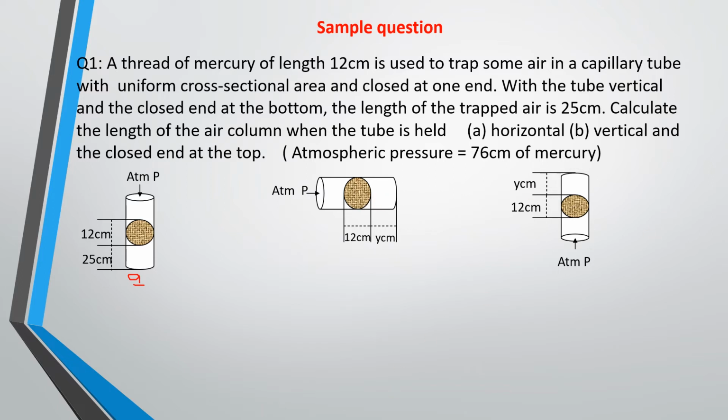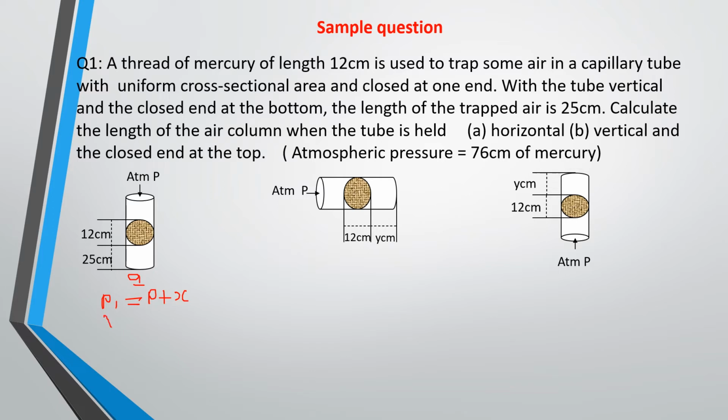Here in this situation, for this A, P1 is equal to atmospheric pressure plus the pressure due to the mercury column. That is what we said from that equation. So that is P1.